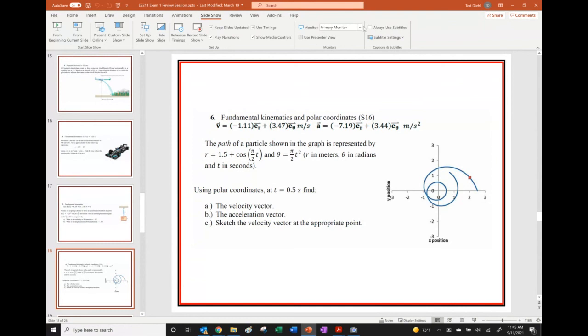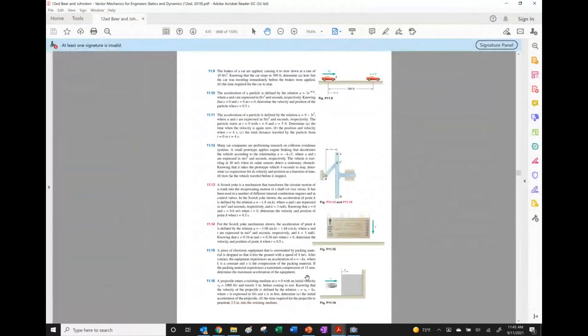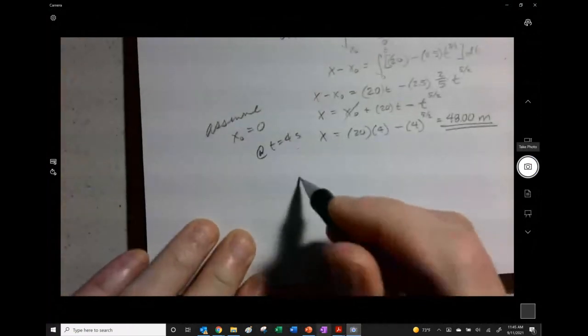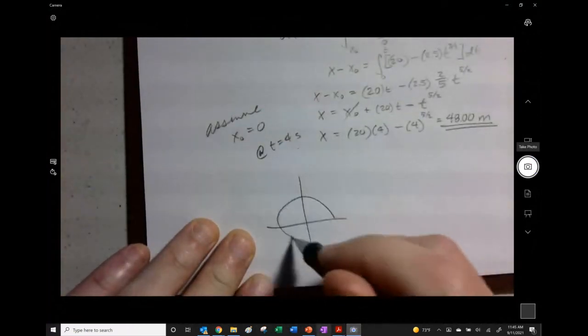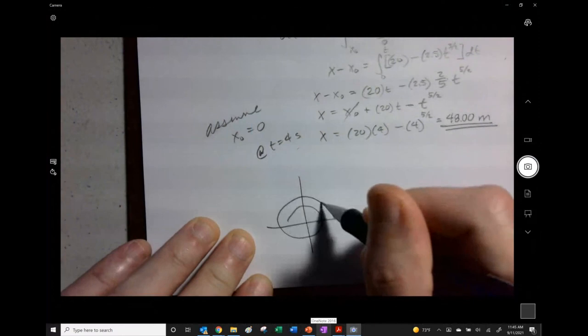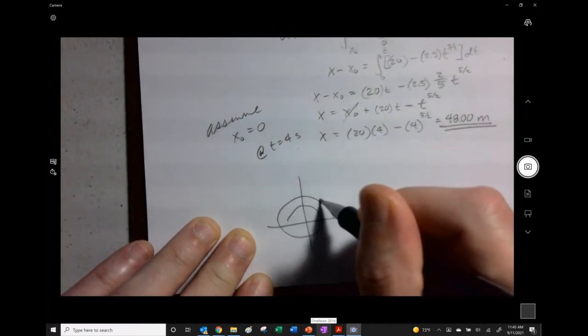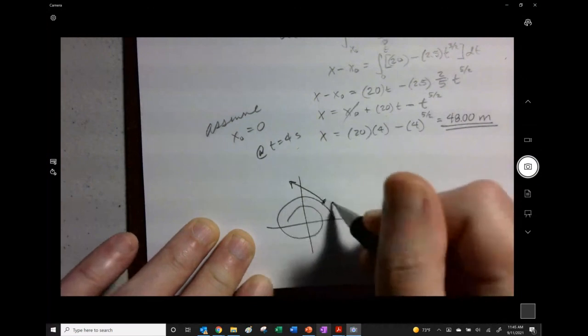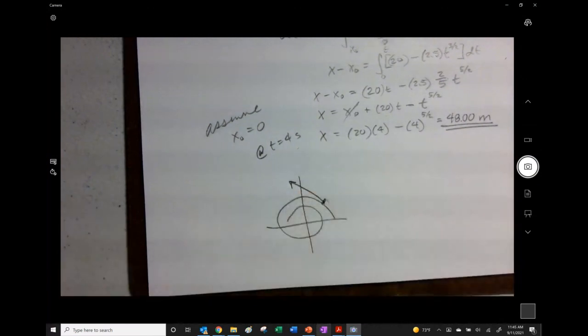Oh yes, so you could just sketch on this. You really could. You just see that point, and the velocity is going to be tangent to the curve where the point is.